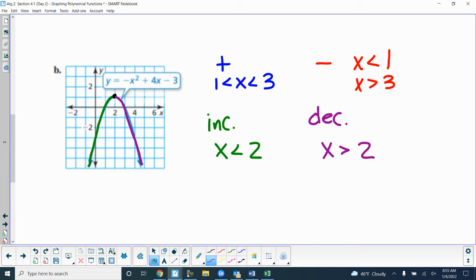That make sense? Any questions? Right. A little easier when you're just looking at a parabola to tell that stuff. Not too many changes in direction.